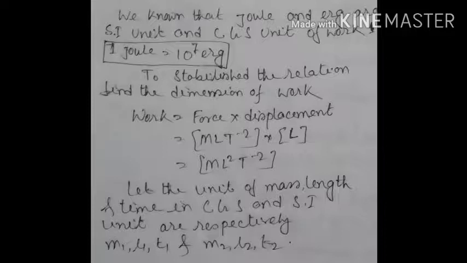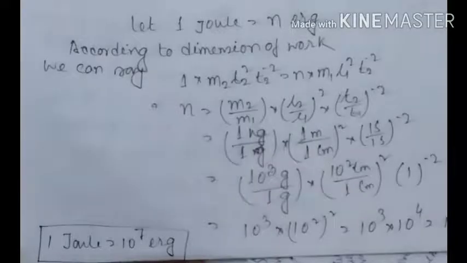Let the units of mass, length and time in the CGS system be M1, L1, T1, and in the SI system M2, L2, T2. Let us consider 1 joule is equal to n erg. So we have to find the value of n.